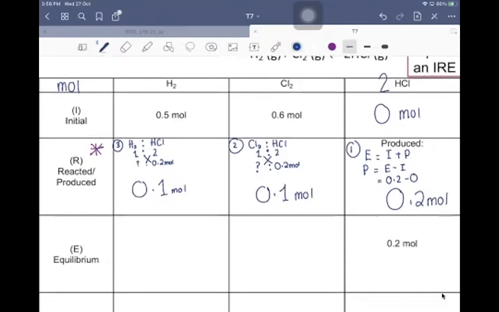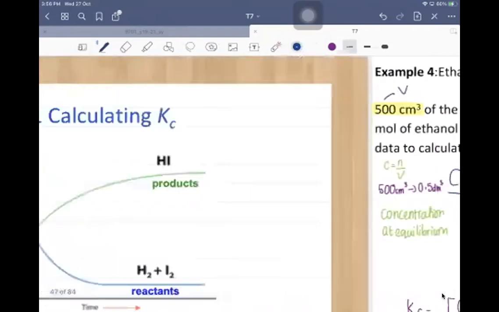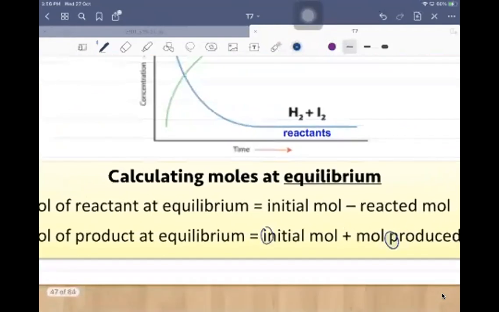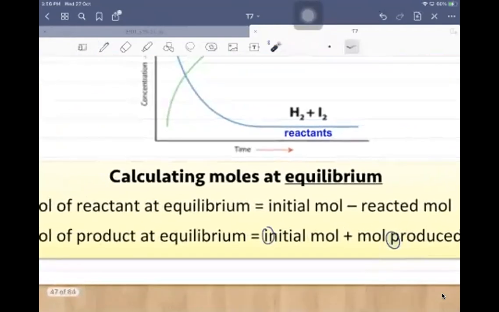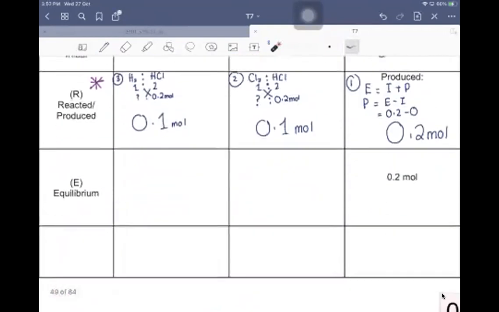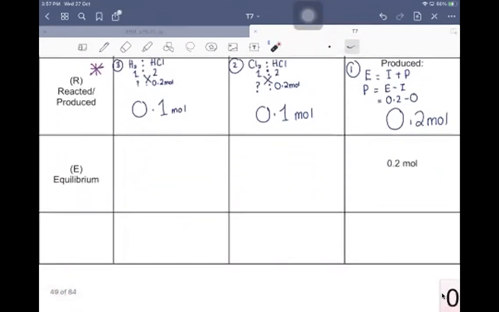If you still remember from this page, to find the number of moles of reactant at equilibrium, E is equal to initial minus reacted. So to know how much is left at equilibrium, you need to know how much you started with and how much you have used up. So that means the third row is, I'm going to number them 4, 5.